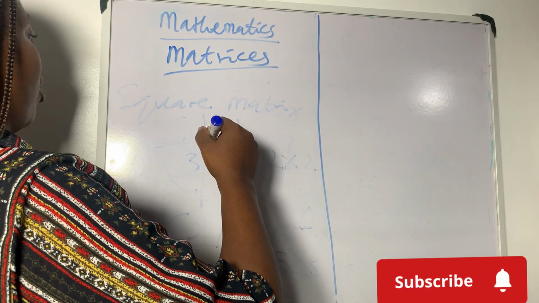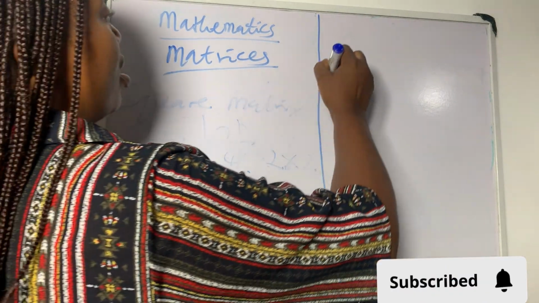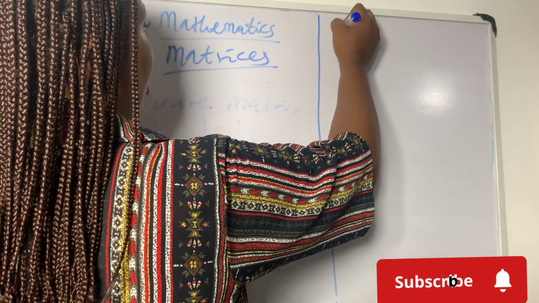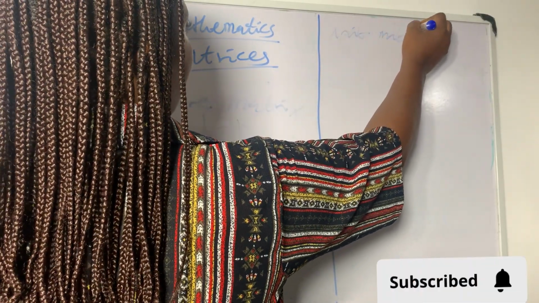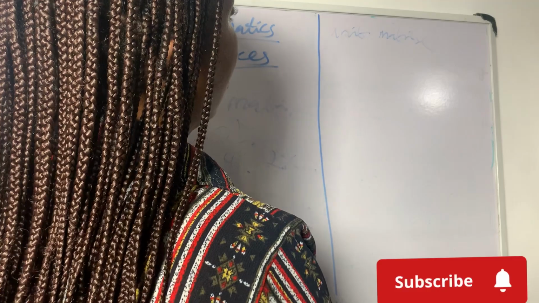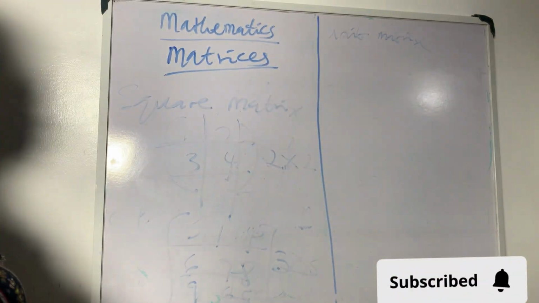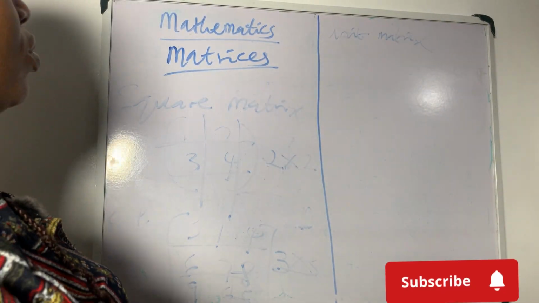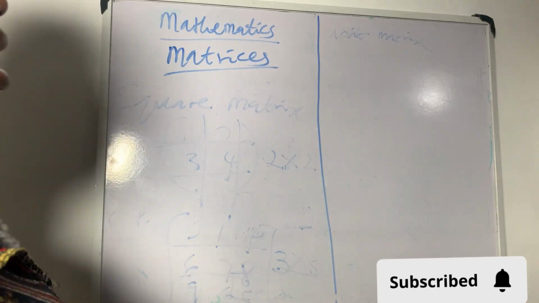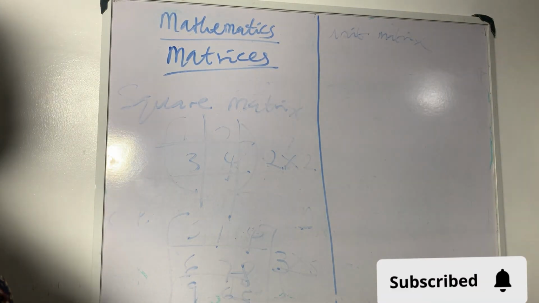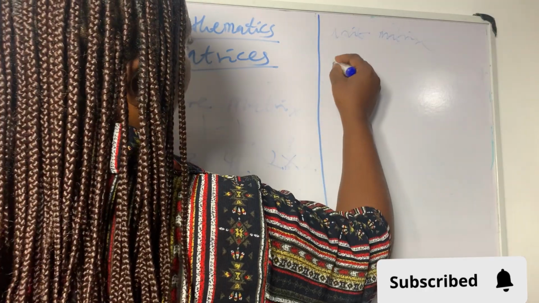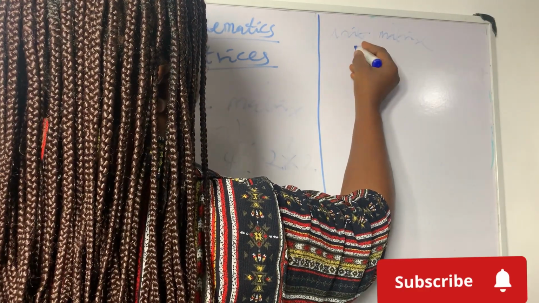Then another type of matrix is unit matrix. A unit matrix is a matrix that has all the elements as 1 at the diagonal. What do we mean by diagonal?